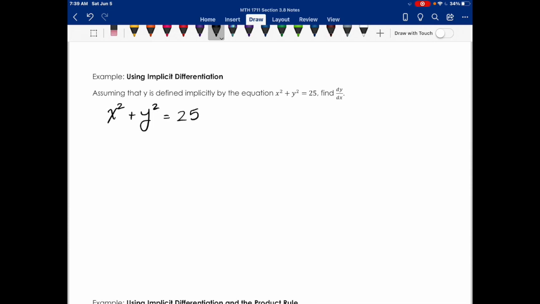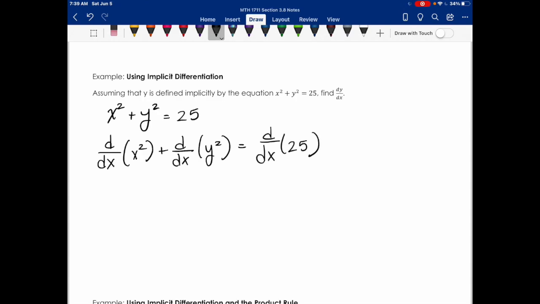So when I do that, I want to take the derivative with respect to x of each term. Okay, now when I take the derivative with respect to x of x squared, I'm going to have 2x.